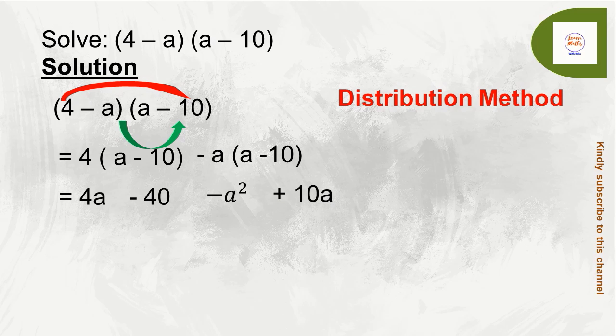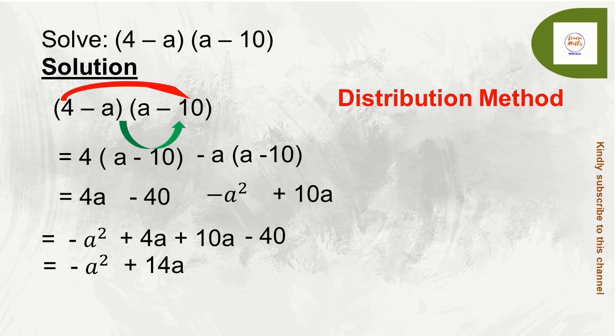And minus a times minus 10 will get plus 10a. So let's rearrange and bring the like terms together. Minus a square plus 4a plus 10a minus 40. So we have minus a square plus 14a minus 40.